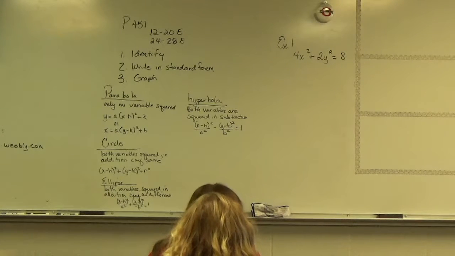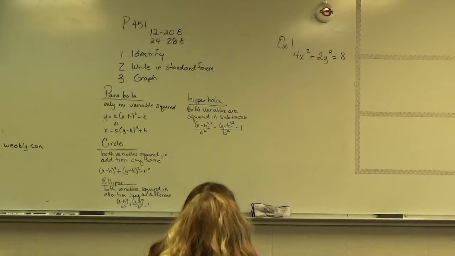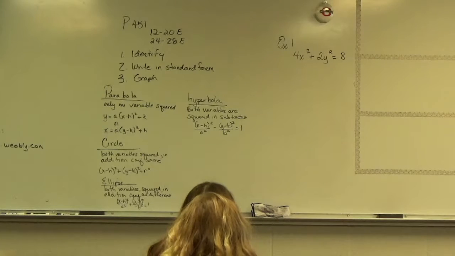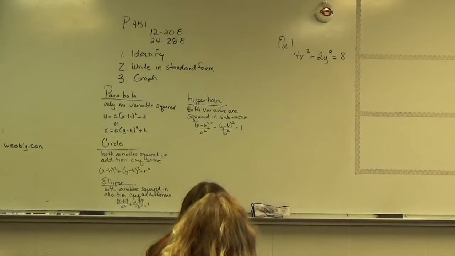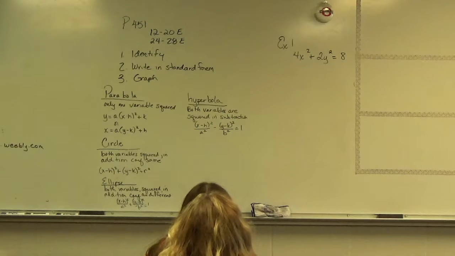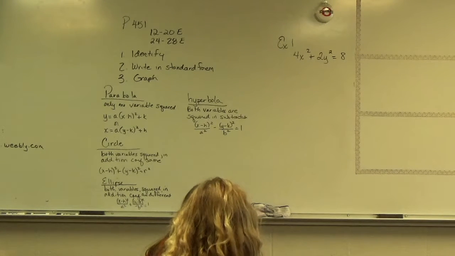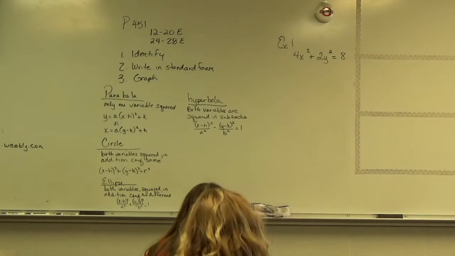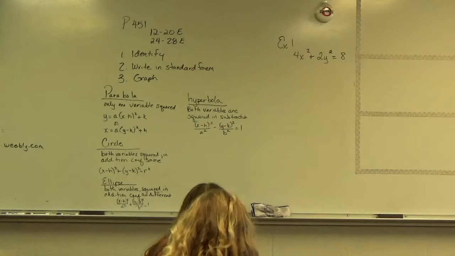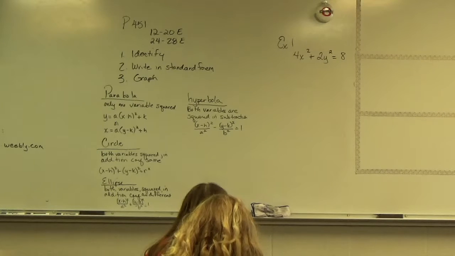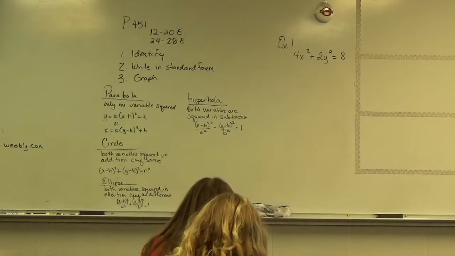So as everybody's getting things written down, Robert, what do you think example 1 is? Ellipse. Good job. Why is it an ellipse? Because you're adding. It's in addition. Both variables are squared.